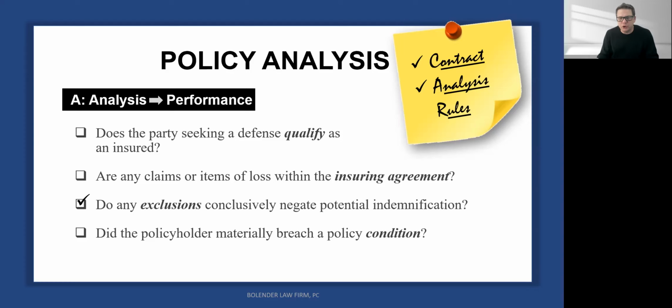If no exclusions apply, the insurance carrier must immediately defend because there is a potentially covered lawsuit that's been filed against the policyholder. Now, the last issue group is conditions.